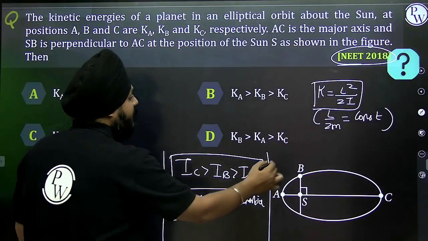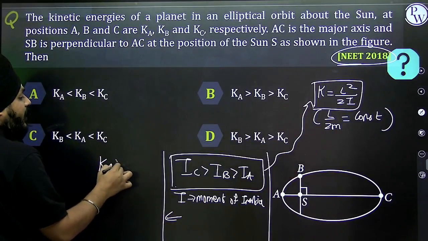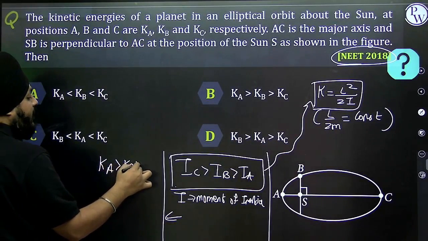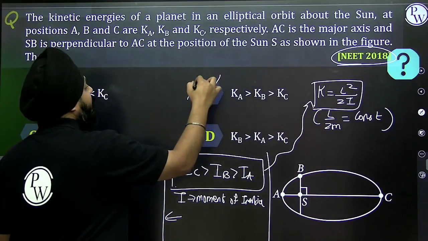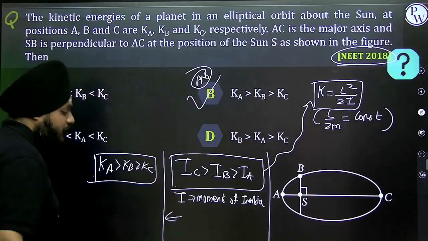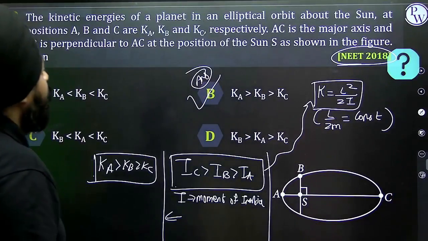If I is less, then K is greater, so Ka is greater than Kb is greater than Kc. This is the correct relation of the kinetic energy. B is the perfect answer for this question.